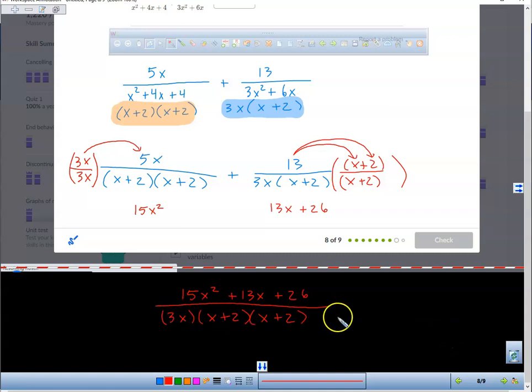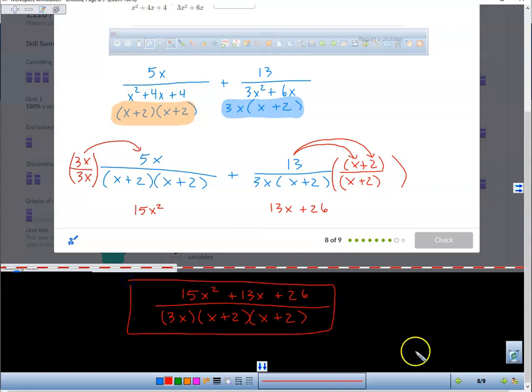There's my denominator totally factored out. This is if I added the 15x squared to the 13x to the 26, and I can put everything together in the numerator. So that is what I'm going to type in as my answer. Because I don't think I can actually factor anything out that's going to make a difference, but I am going to try.